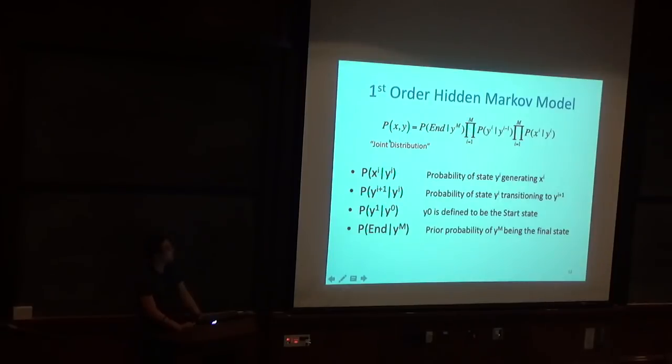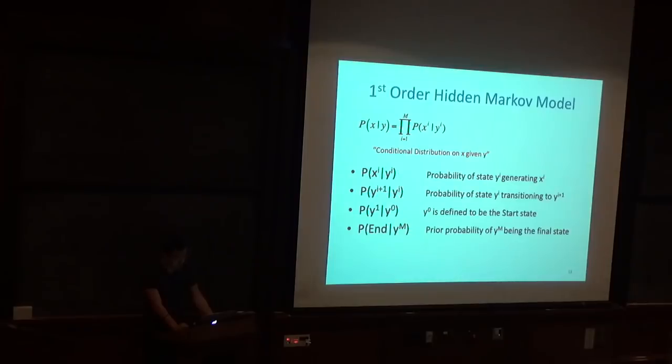So what I just have up here is the joint distribution of an xy pair, where x and y are sequences. This joint probability distribution is factorized into these pairwise probability measures. So suppose we want to model P of x given y. Well, each individual x only depends on its corresponding y.